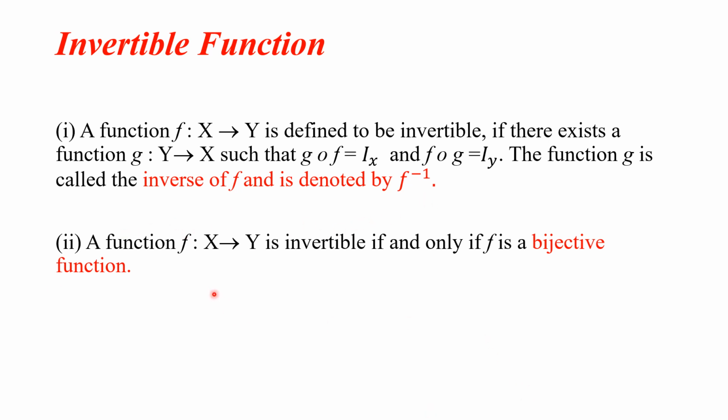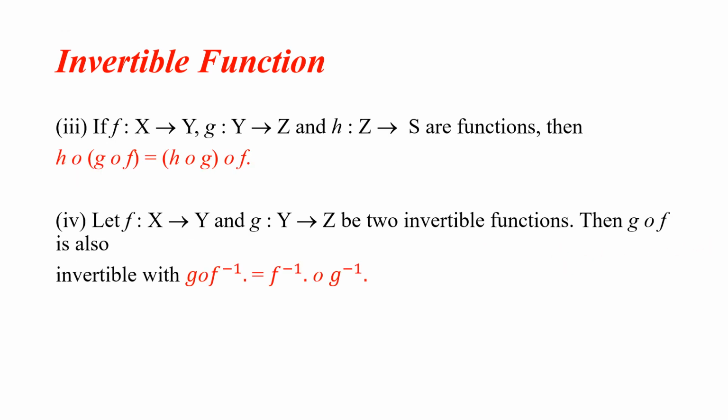A function f from X to Y is invertible if and only if f is a bijective function. So, invertible functions for three functions: f, g and h. So f is from X to Y, g is from Y to Z and h is from Z to S, are functions.